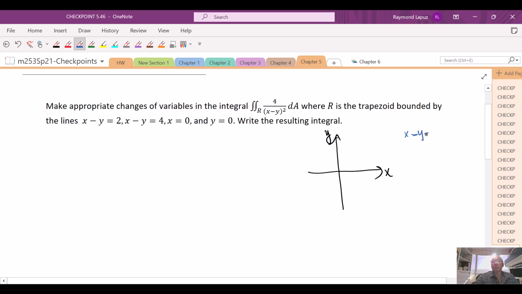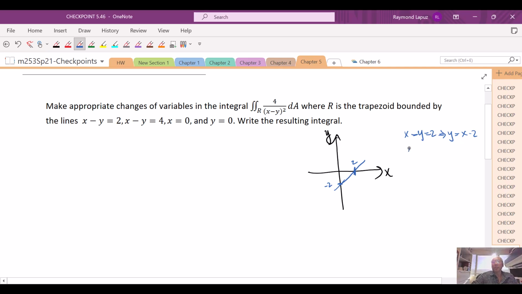It'd probably be easier for me if I wrote this as y is equal to x minus 2. So that is going to be a line with slope 1, y-intercept at -2. So it'll hit the x-axis here at +2.